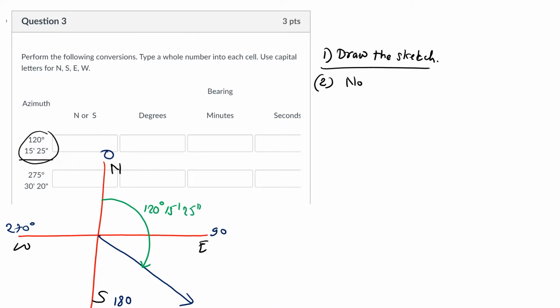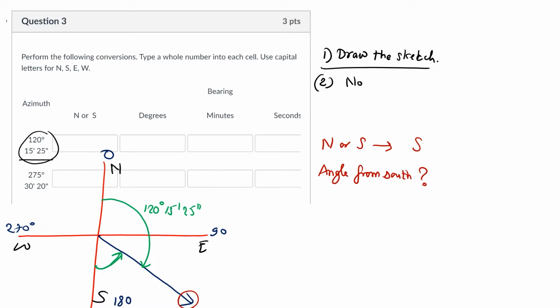So what is the bearing of this line? I told you to ask these 3 questions: north or south? This line is pointing towards south, right? So it is south. What is the angle from south? If it was pointing towards north, then this would be the angle from north, but it's pointing towards south. So what is this angle?